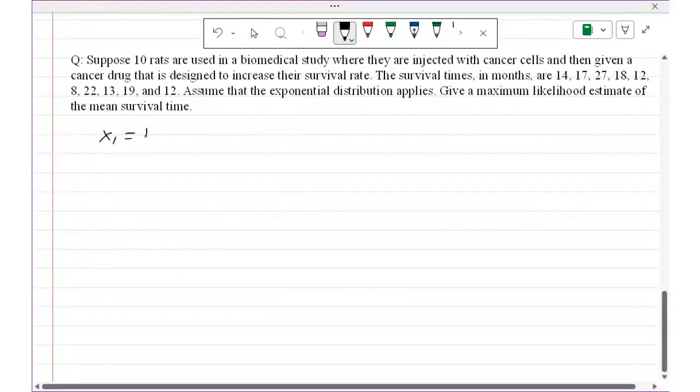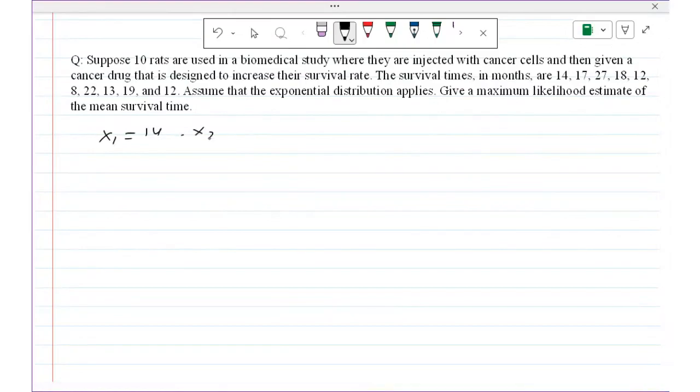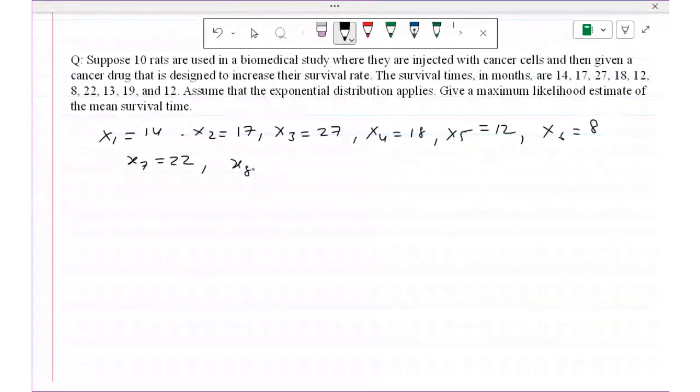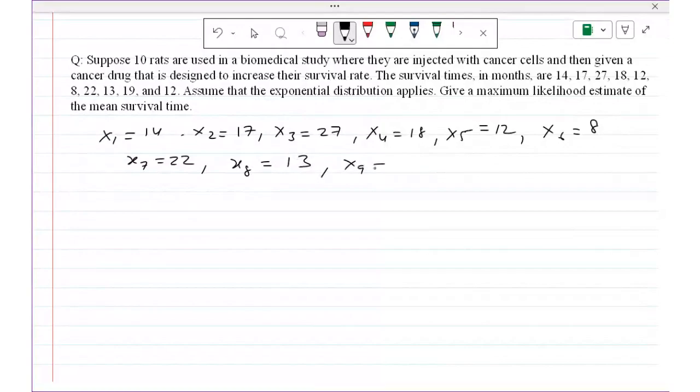X1 is equal to 14, X2 is equal to 17, X3 is equal to 27, X4 is equal to 18, X5 is equal to 12, X6 is equal to 8, X7 is 22, X8 is 13, X9 is 19, and X10 is 12.